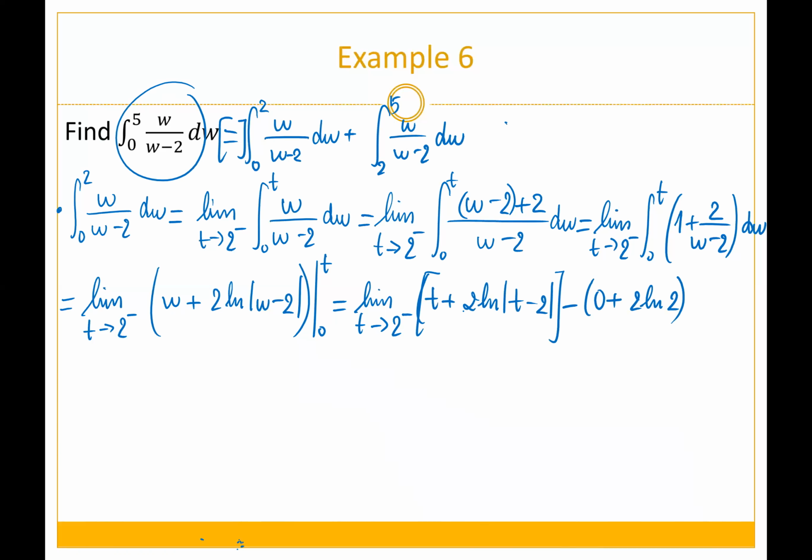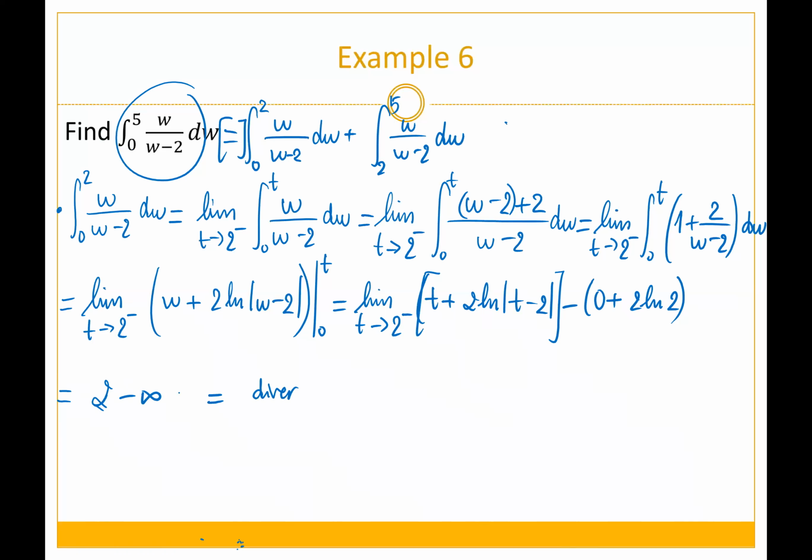Looking at this, when t approaches 2 from the left, you have 2. But here you have ln of 0. When you take 0 from the left and take the absolute value of that, you get ln of 0 plus. So now you have minus infinity. What you end up having is that this is going to be divergent.